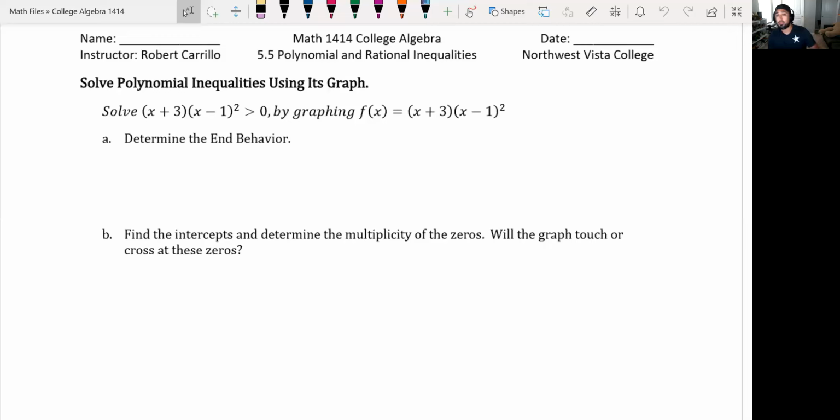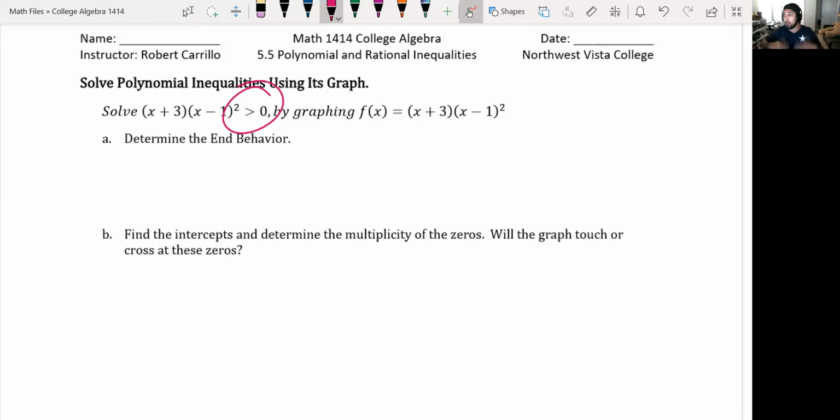So we'll start off with the polynomial function that we are going to graph. We remember everything we do to graph a polynomial, and then we're going to do a bunch of work just to answer one simple question: where is the graph above the x-axis?